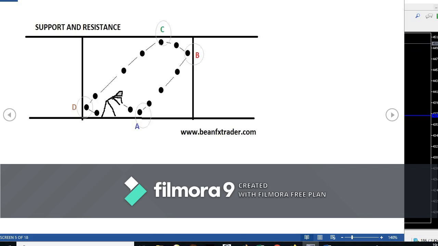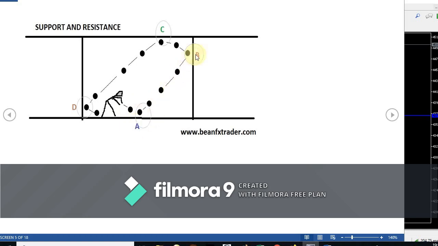Now let's look at the diagram on the screen. We have a little boy playing with a football and he drops the ball and the ball hits the floor at point A. The ball bounces and hits the wall at point B. Now point A serves as a support for the ball.